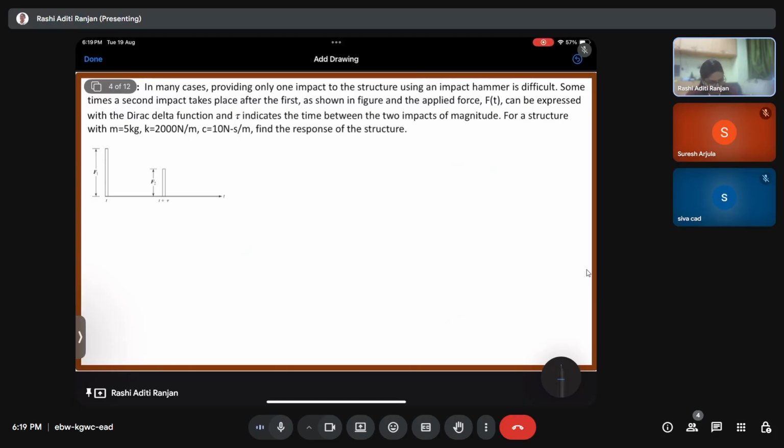Okay, so we have the behavior something like this. I'll again redraw it. First impact is at time t equals 0. Second impact is at time t equals tau.